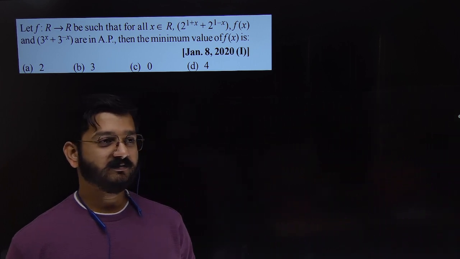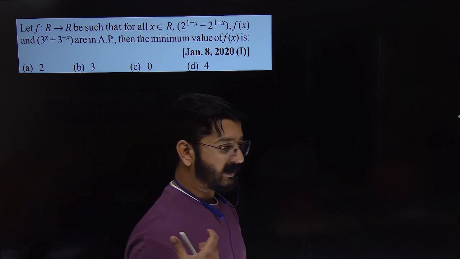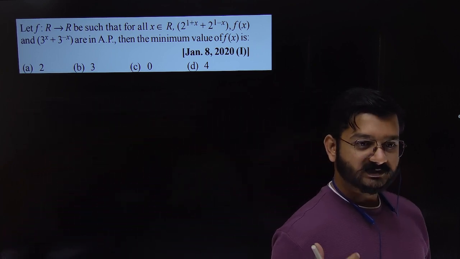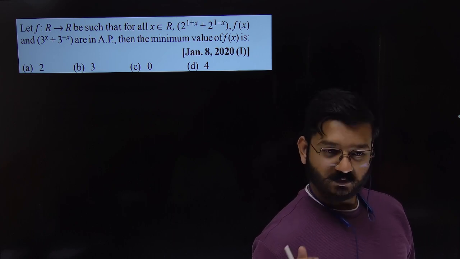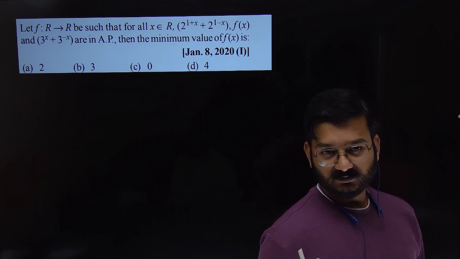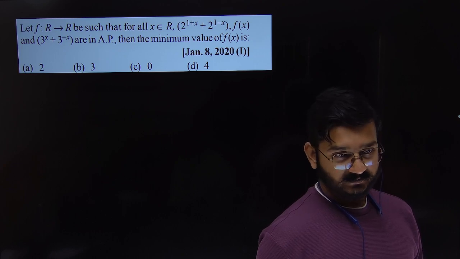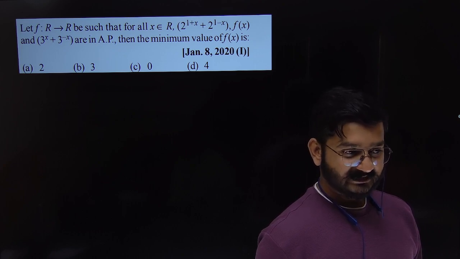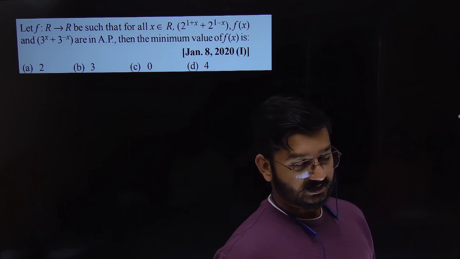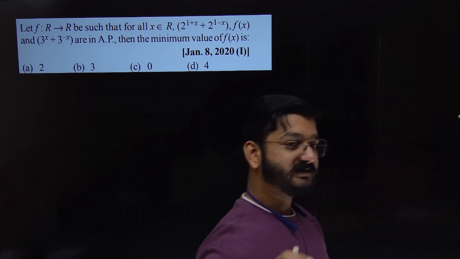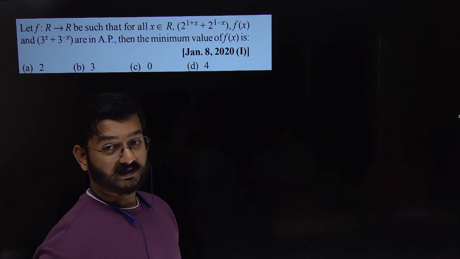Whenever, listen to me carefully, whenever you need to find maximum or minimum value of an expression, which is a complicated expression, two methods are there. First method is AOD, application of derivative. Second method is AM greater than or equal to GM. The derivative method will always be lengthy if your expression is complicated.